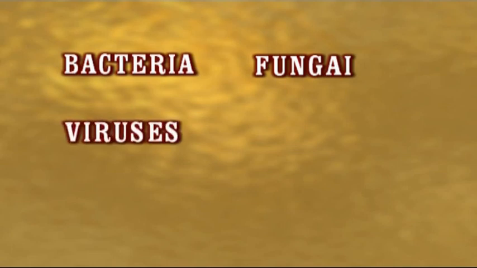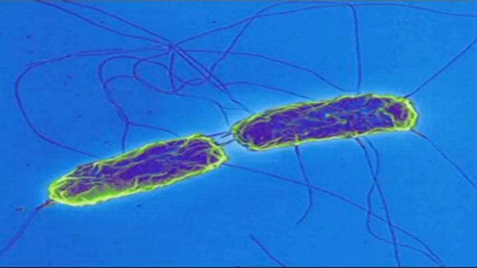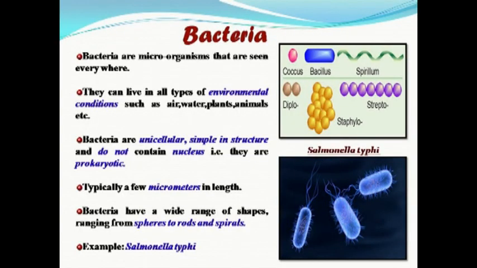Now let us look into the examples of microorganisms. As we discussed earlier, microorganisms are classified into 5 major groups: bacteria, fungi, viruses, protozoa and algae. Bacteria example is Salmonella typhi. This is the causative agent of the waterborne disease typhoid.